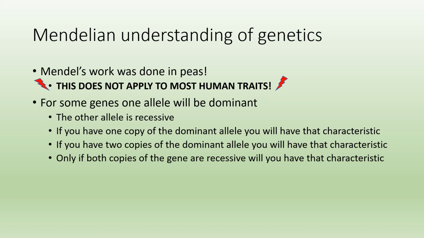When we talk about these combinations, we have some fancy words. If your alleles, your two copies of the gene, are different, we call that heterozygous. Anytime you see hetero in science, it means different. If you have two copies that have the same allele, we call that homozygous.